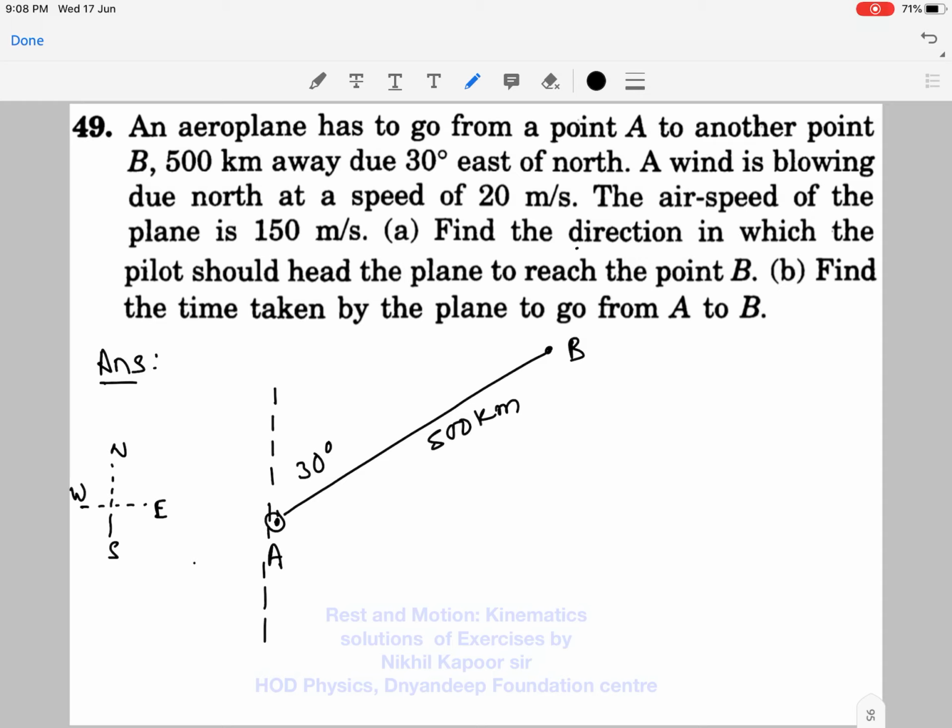So if the aeroplane is here, then the wind velocity vector is acting here at 20 meter per second.